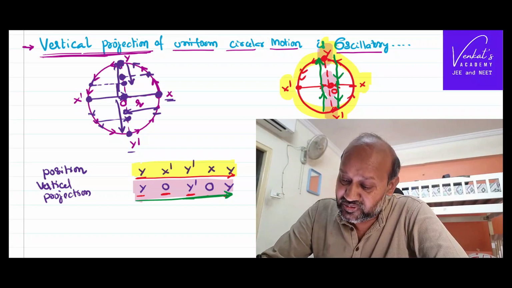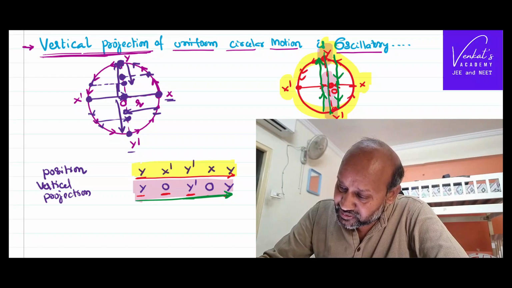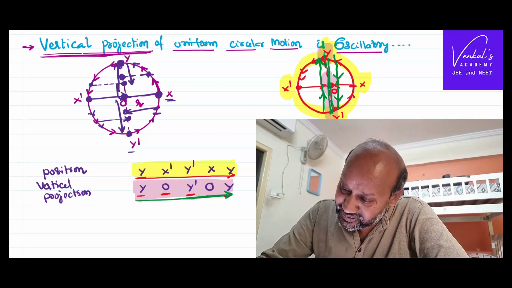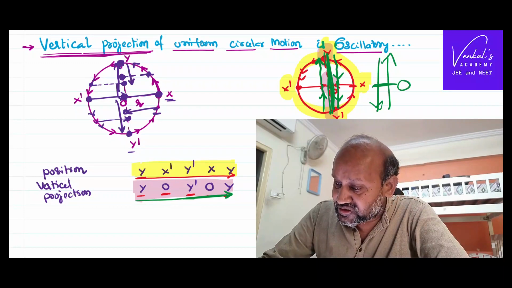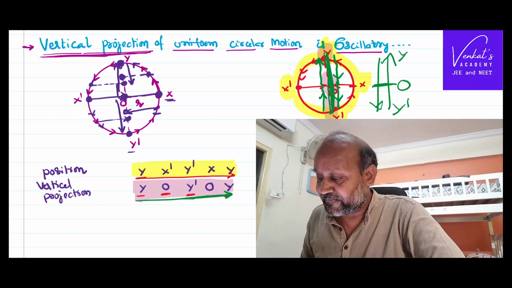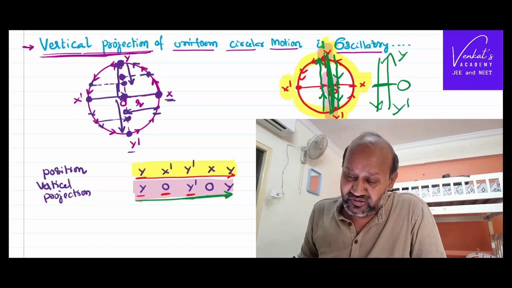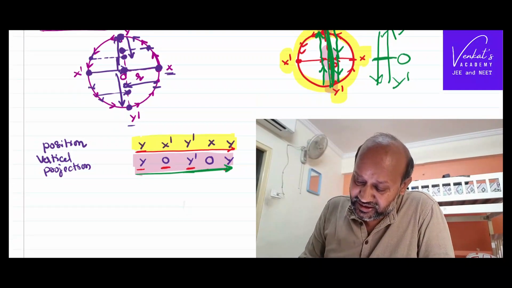From y to y dash, back to O, back to y. Have you not noticed that this is an oscillatory motion, coming down, going up about a fixed point O? The bottom point is y dash, the upper point is O. That's what you mean by an oscillatory motion.